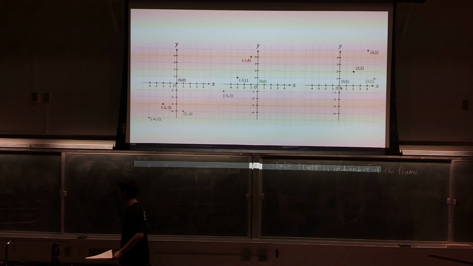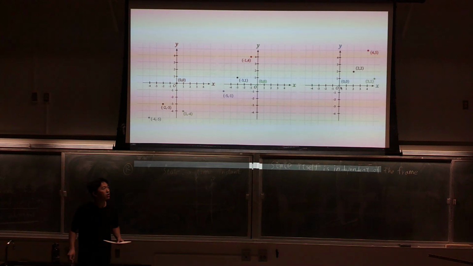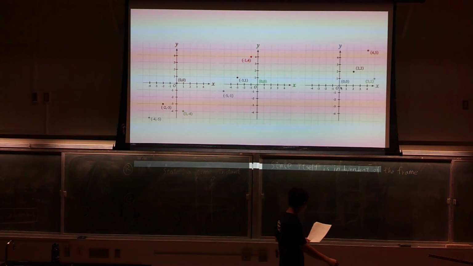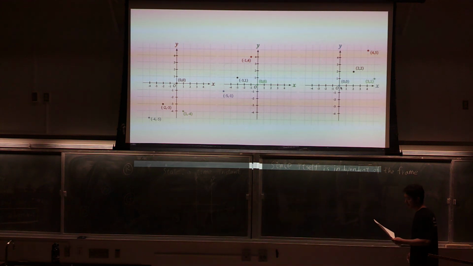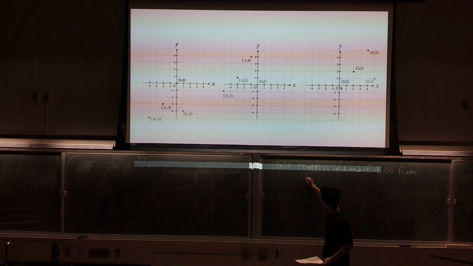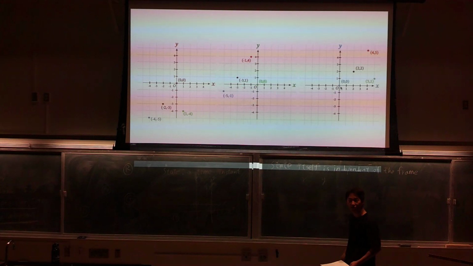So let me spoil a little bit of the goal for this week. The goal for this week is to figure out something called acceleration, x and y acceleration. Right now we're looking at x and y position. The goal for today is to know how to go from x and y position to x and y velocity.